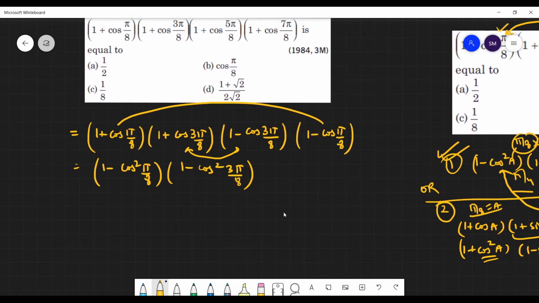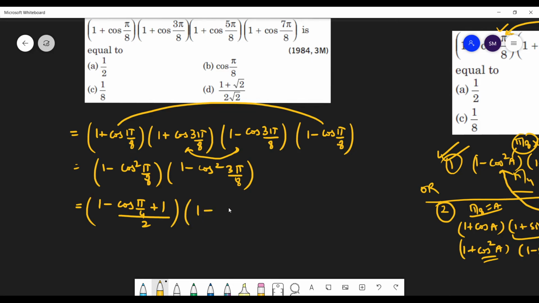Now put the value of cos square theta, that is cos 2 theta plus 1 by 2. So 1 minus cos 2 theta, twice of pi by 8 is pi by 4, plus 1 divided by 2, into 1 minus cos 2 into 3 pi by 8. Multiplying by 2, this will cancel, so I get 3 pi by 4.